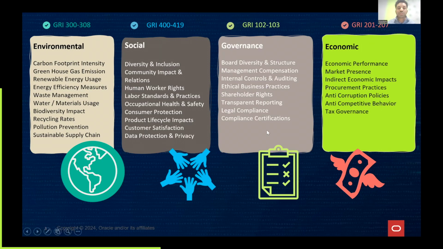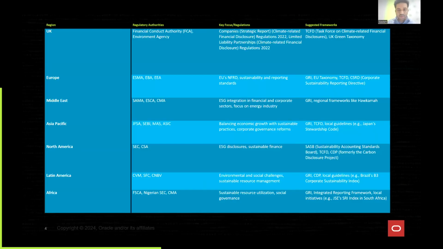Now, if I go on to the next slide, I was speaking about frameworks, right? Many organizations are working globally, and when they're working globally, they have to be in compliance with the different regional frameworks as well.